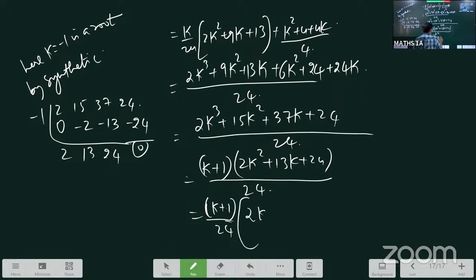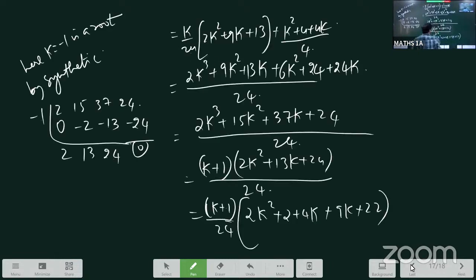Next, I want 2n², which means 2 into (n+1)². So 2k² plus 2 plus 4k. From 13k I wrote 4k, which means 9k will be left out. From 24 I wrote 2, which means 22 will be left out. Is it clear? Right.